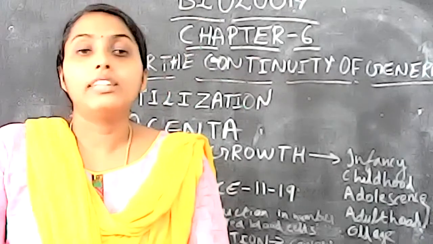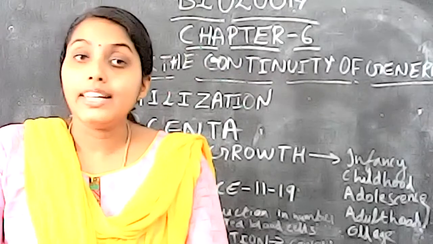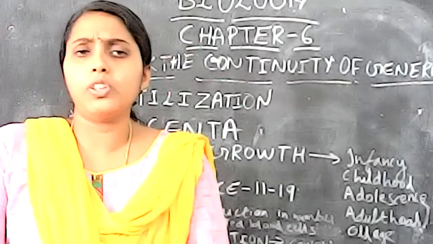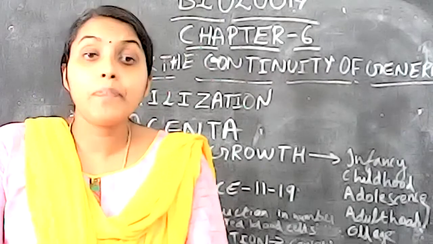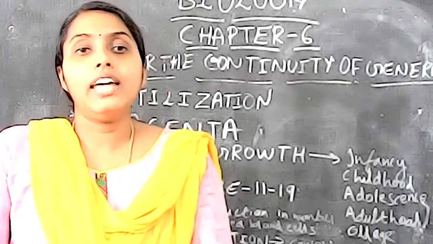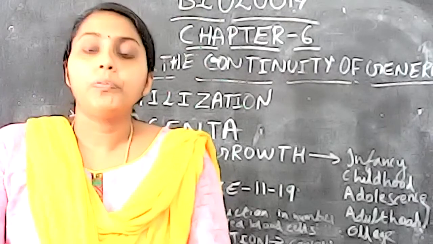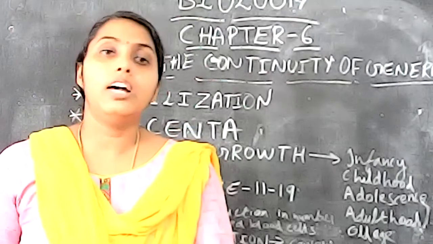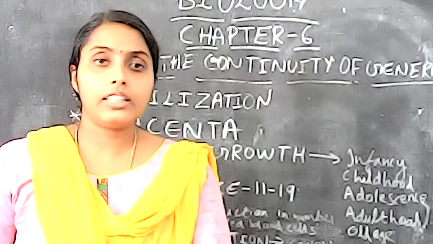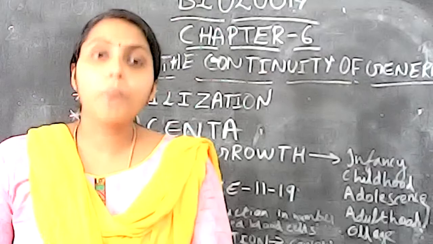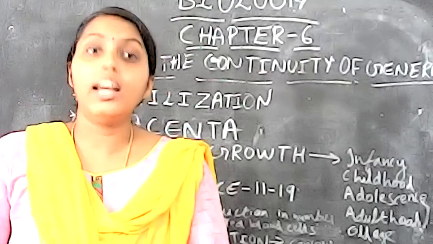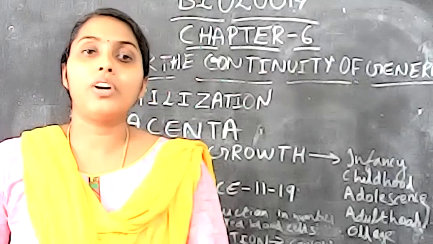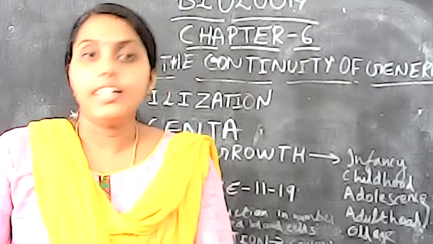It starts from 11 to 19 years, and it's a stage of challenges because so many changes are happening to you physically and mentally. These changes are more in girls than in boys. So proper guidance should be there in the adolescent period, otherwise there's a chance for us to get in danger.